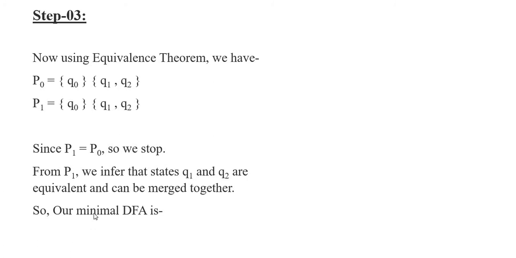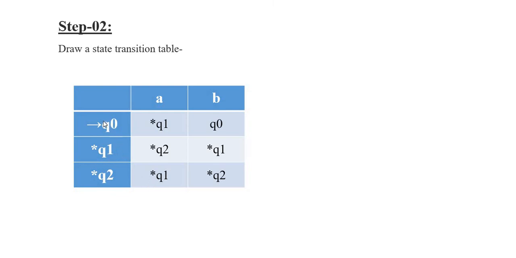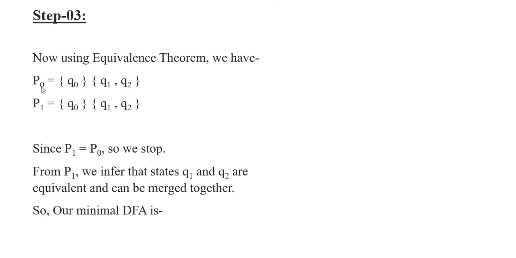So now using the equivalence theorem, we can derive partitions like final state and non-final state. So Q0 is your non-final state and Q1, Q2 are final states. So P0 is equal to Q0 and the second partition will be Q1, Q2.